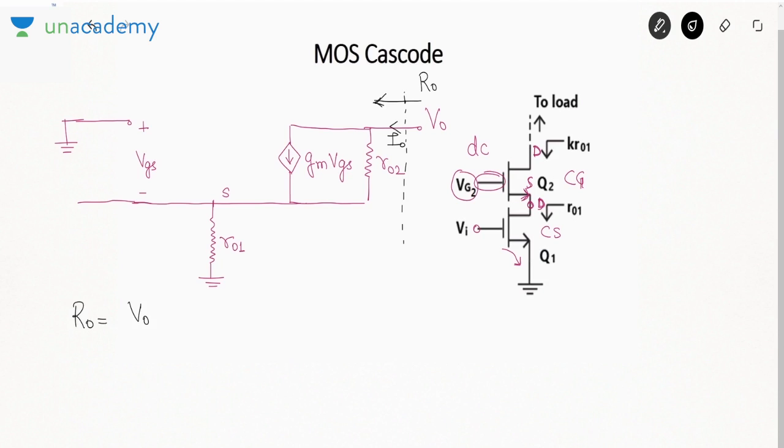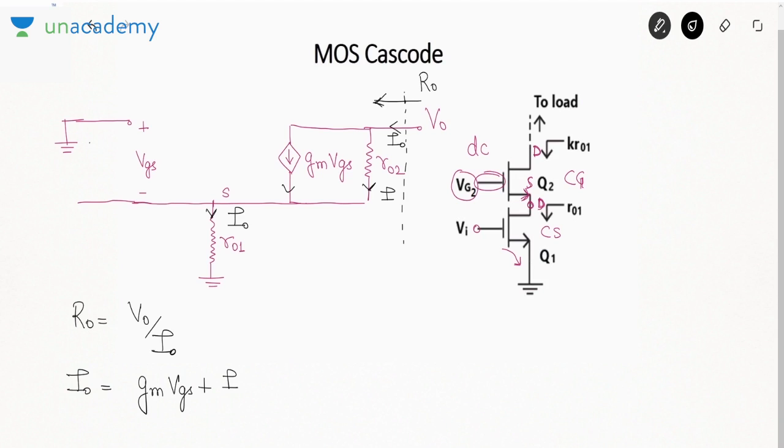Okay. Let us try and derive this value V0 by I0. I0 will contain two currents, GM VGS and this second current I. So I0 contains two currents, GM VGS plus I, and these two currents are adding up and going here.